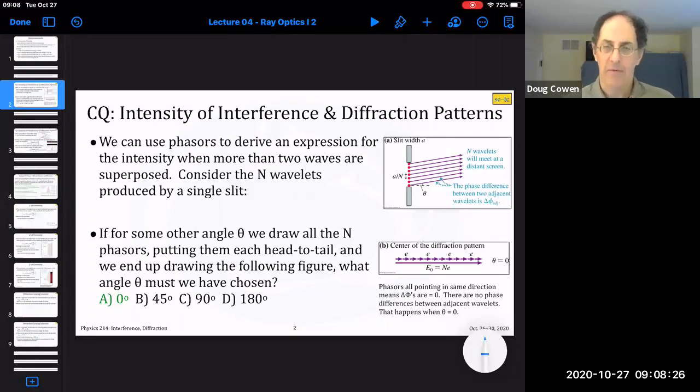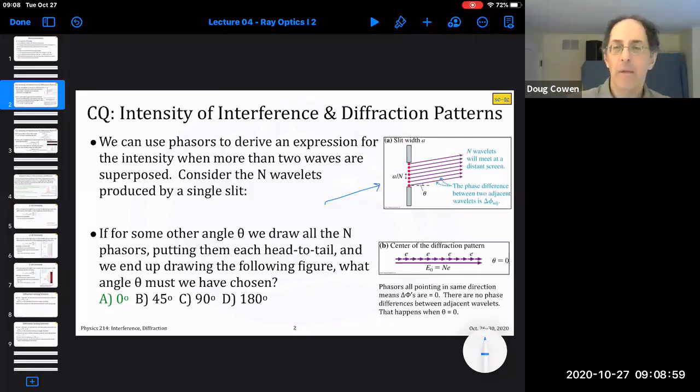So if we have n wavelets produced by a single slit, as shown by this figure at the upper right, each of those wavelets, and there are 6 of them drawn in here, but of course there are an infinite number, travels a slightly extra distance to the faraway screen compared to its neighbor as you move down from the top of the slit to the bottom of the slit.